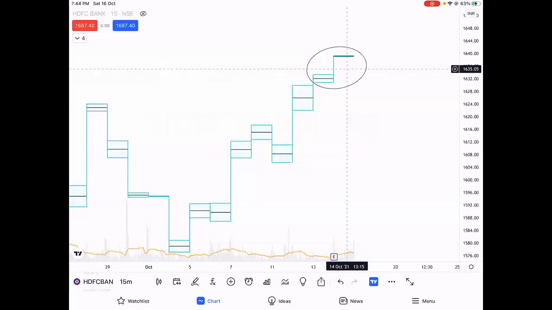You cannot just blindly say that this particular stock is moving up from here, or this is bullish, so you just go long. If I'm talking about 14th October, I might just say that HDFC Bank seems to be trending and is in a bullish trend, so just go long.